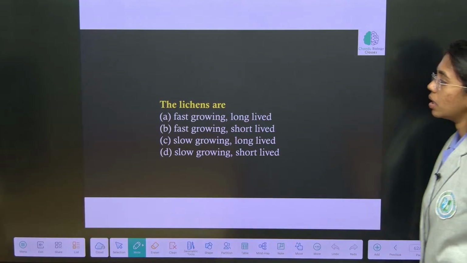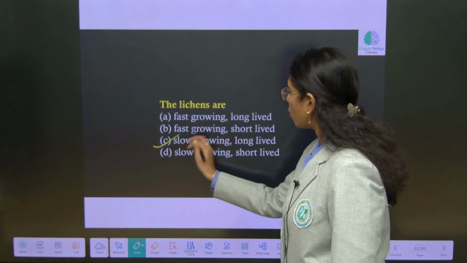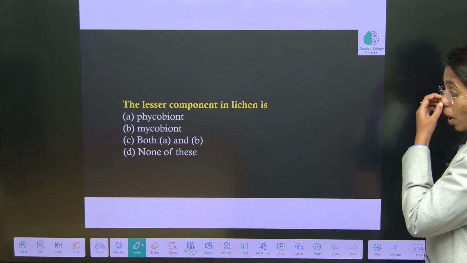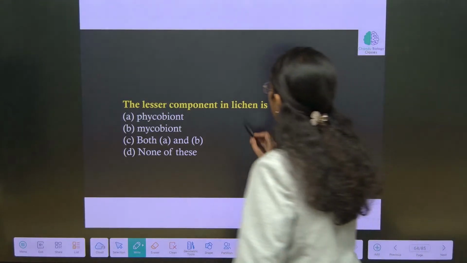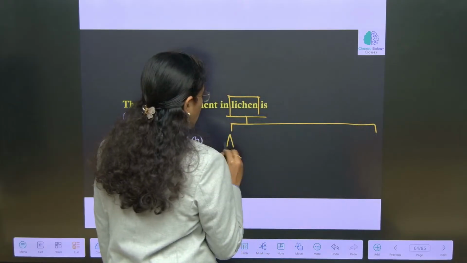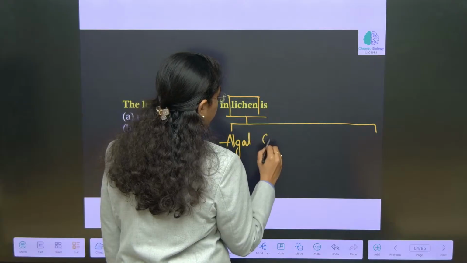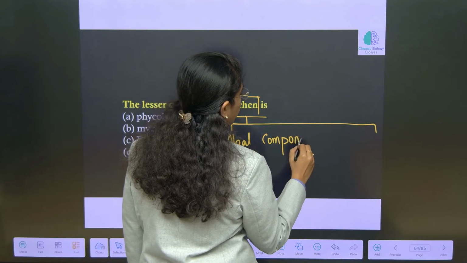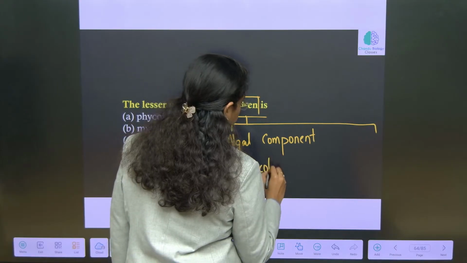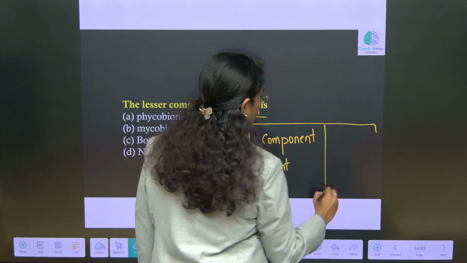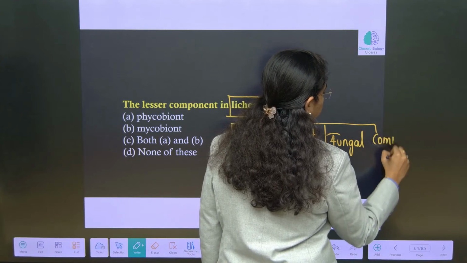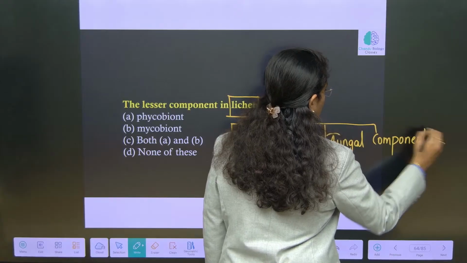Lichens, how do lichens grow? They are slow growing and long lived. The lesser component in lichen: in lichen, if you see, it has two components. The algal component is known as phycobiont, and the fungal component is known as mycobiont.